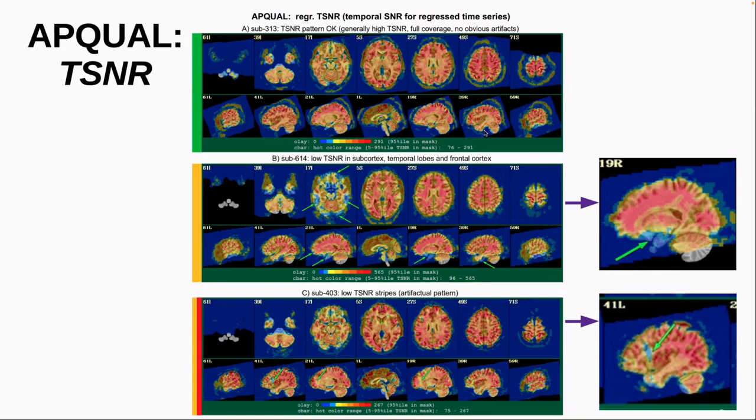This is after it's been regressed. The motion should have been corrected as well as possible. The modeling is included here, so it's the mean of the signal that goes into 3D deconvolve for our linear model, divided by the noise, which comes from the standard deviation of the error time series.